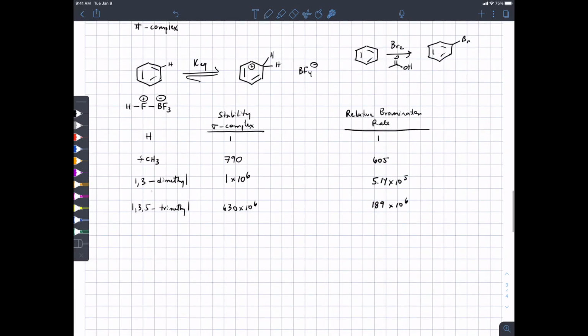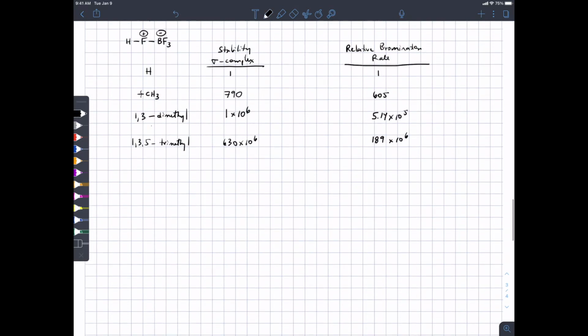So what I'm saying is the rate of bromination tracks with the stability of the sigma complex, and that should make sense because if you're doing an energy diagram for this reaction, here's the sigma, oops, that's not a sigma, that's an alpha. Here's the sigma complex, here's the transition state.